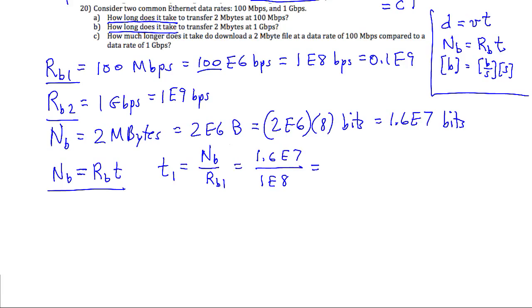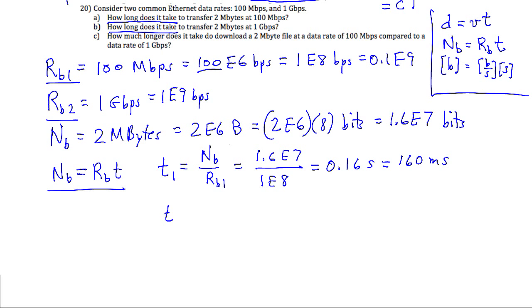I don't need a calculator for this. 10 to the 7th divided by 10 to the 8th is 10 to the minus 1, and 10 to the minus 1 times 1.6 is 0.16 seconds, or 160 milliseconds.